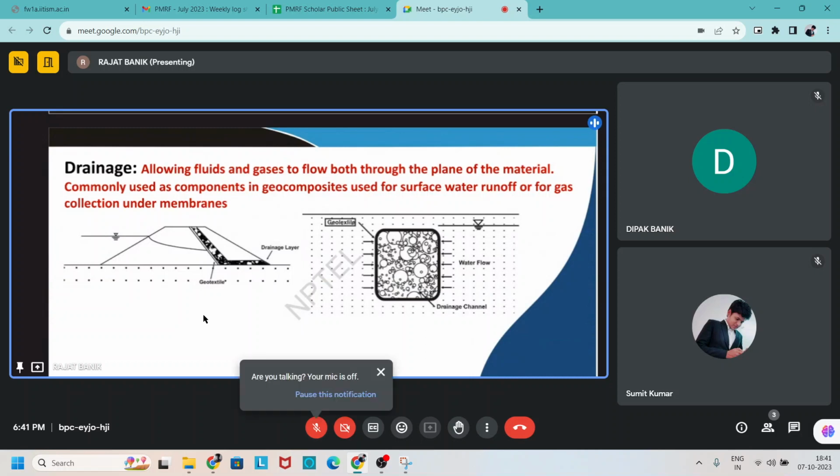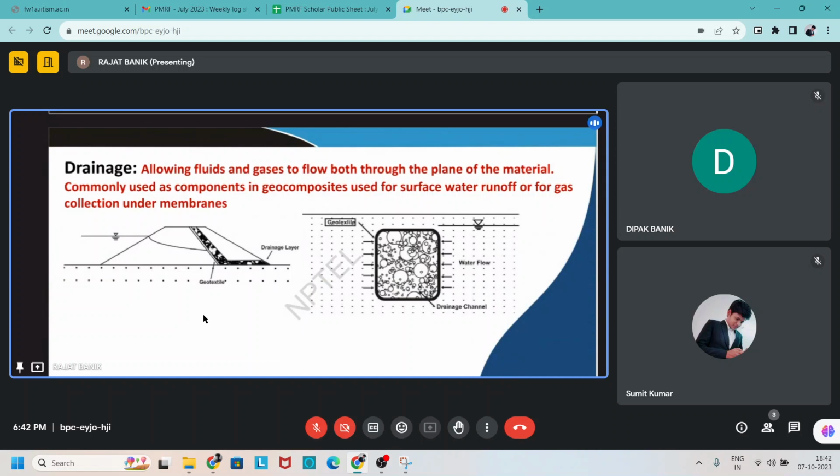So geosynthetic material as a drainage is mostly used to collect the surface water runoff, and also to collect the gas under the membrane. It is mostly used in earthen dams, and we know that there may be seepage in the dam.